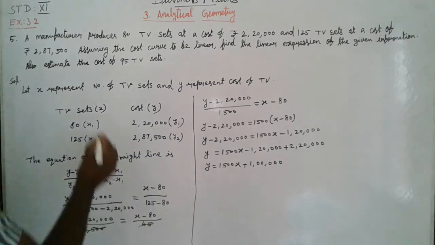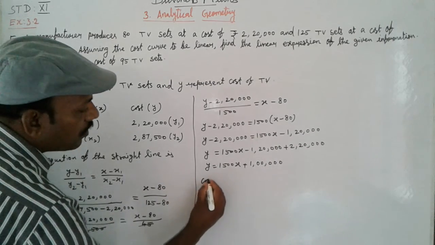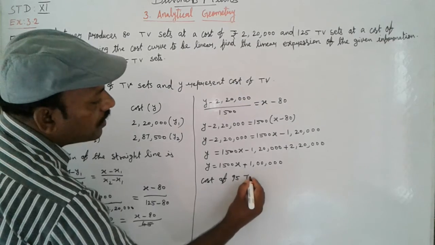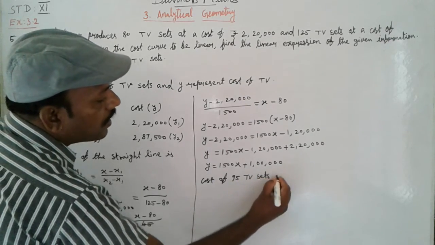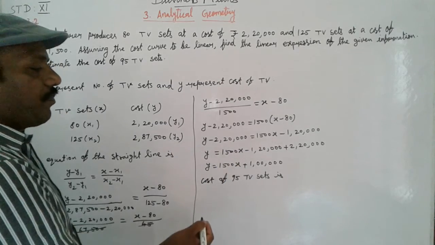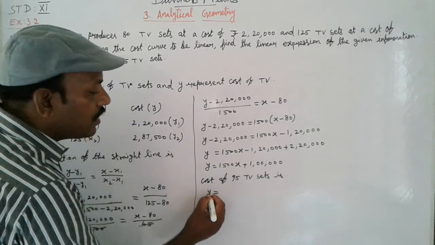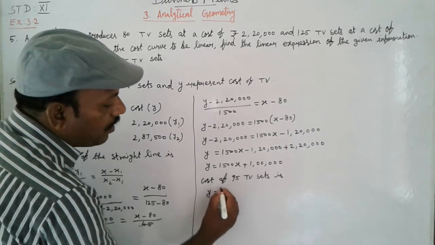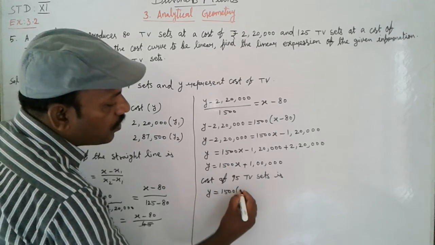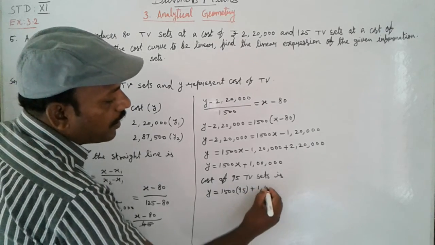So here, given the cost of 95 TV sets, we should substitute x as 95. Y is the cost we should find out. So y equals 1,500 into 95, where x is the number of TV sets, plus 1 lakh.